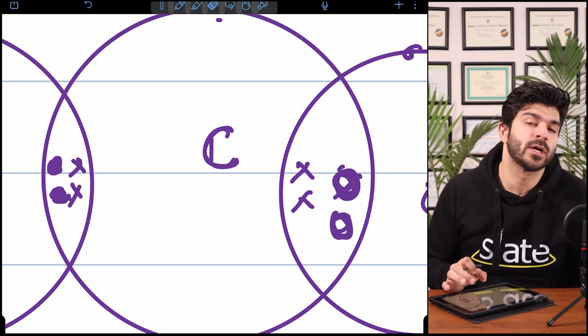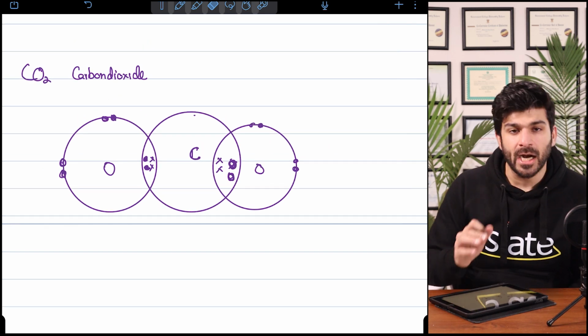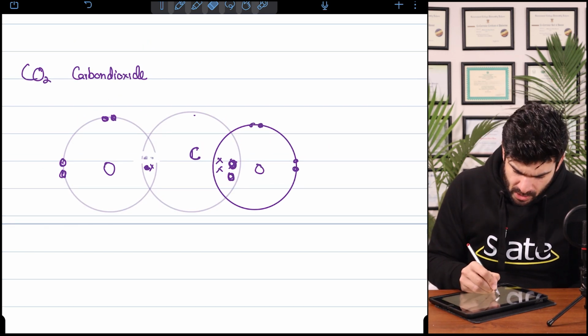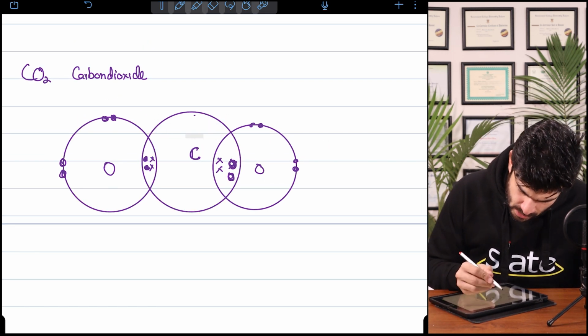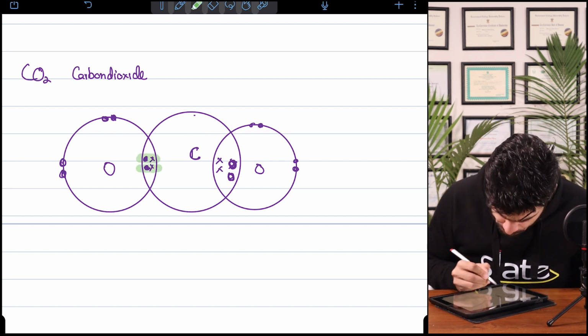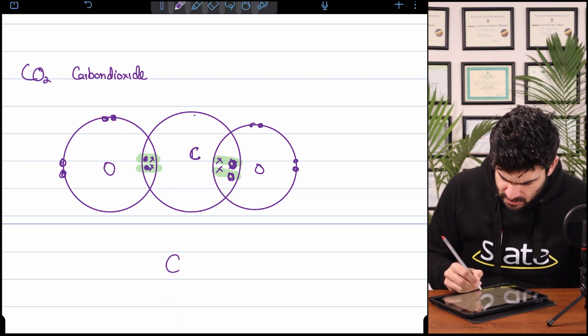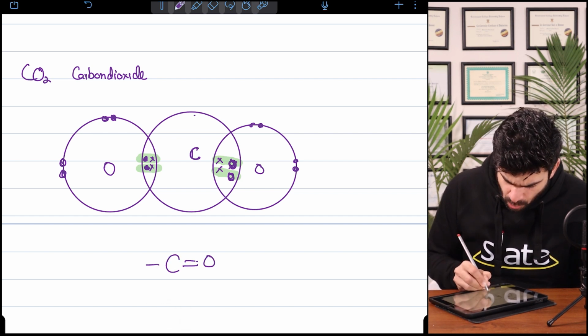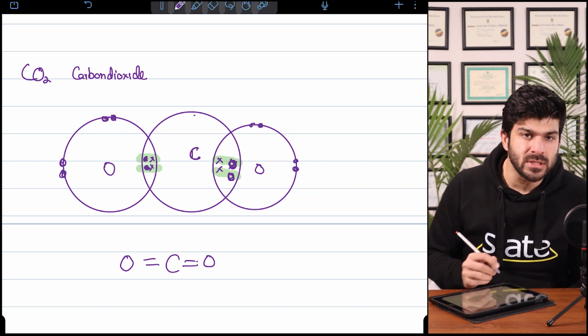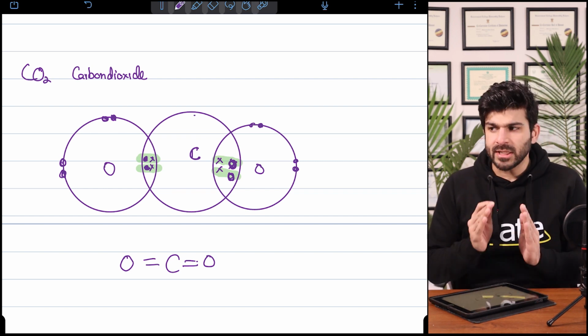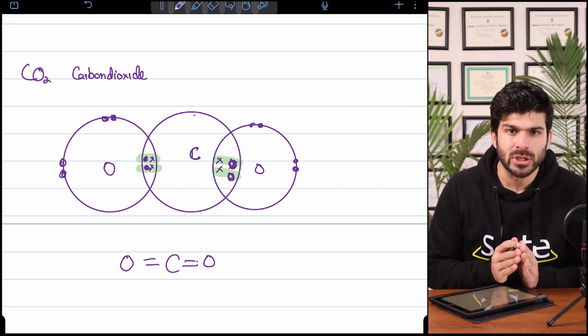It's a balanced covalent compound. And since there are 2 electron pairs being shared, look at the pairs, 1 pair, 2 pair, first pair, second pair. What happens? This becomes carbon double bond with oxygen. So this is how carbon dioxide looks.